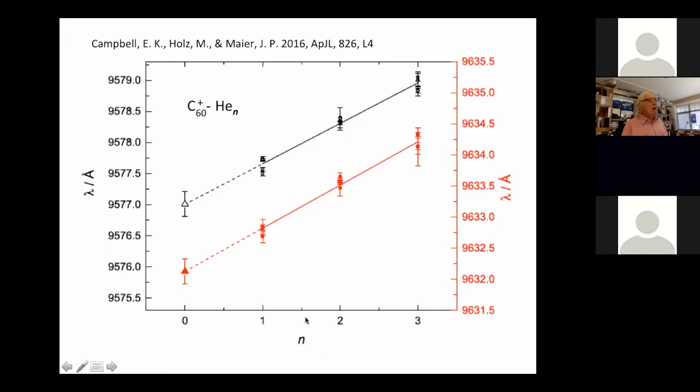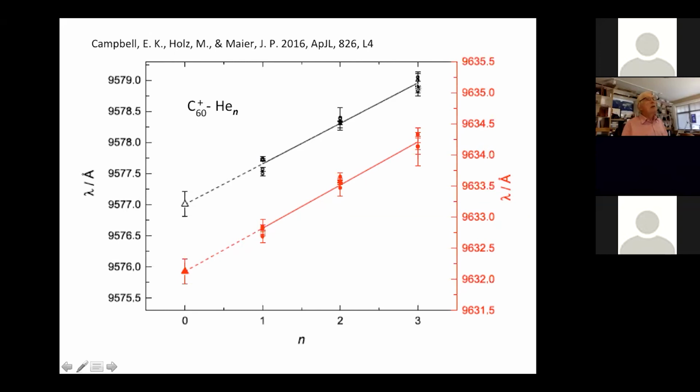And so N, the number of helium atoms, is plotted along the bottom here. And the actual wavelength for these two important lines are here in the red on the right for the 9635, which doesn't appear in our spectra, but I'll come back to that. And 9577 over on the left here.